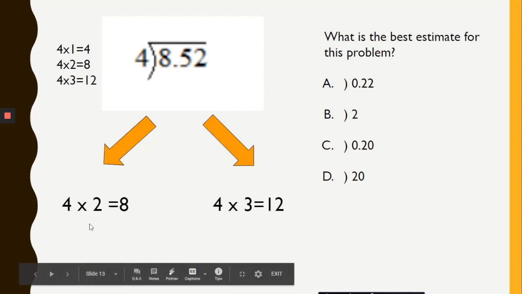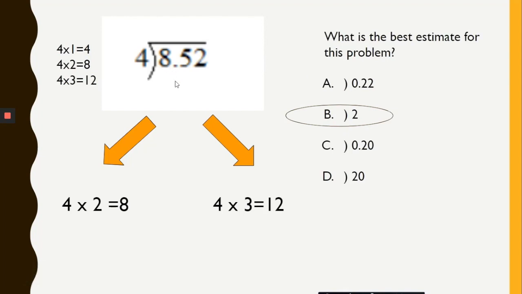And I am going to go with 4 times 2 equals 8, which means that my estimated quotient is probably going to be 2. And I chose 2 because I see that 8 divided by 4 gives me 2. And that's the whole number before I even add the decimal behind it. And so that's how I got my answer.